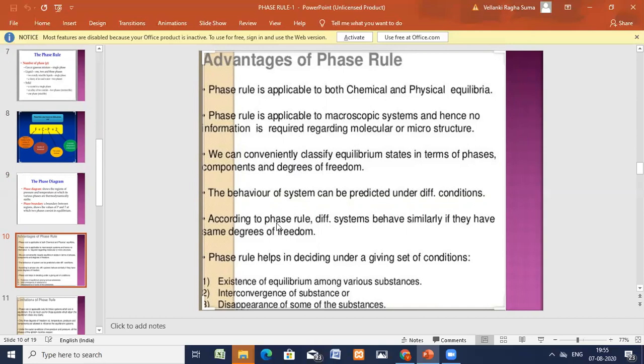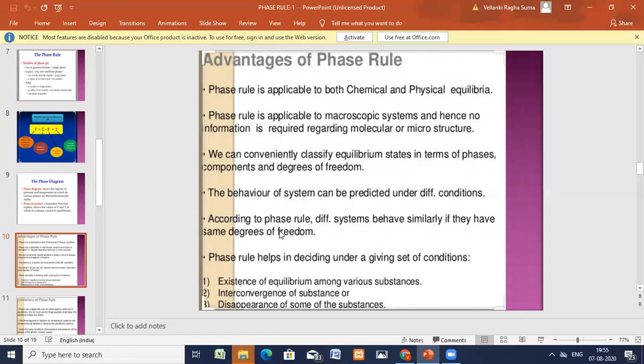According to the phase rule, different systems behave similarly if they have the same degrees of freedom. Different systems, but same degrees of freedom. Why is there that similarity? It can be explained using the phase rule. The phase rule helps in deciding the existence of equilibrium among various systems.